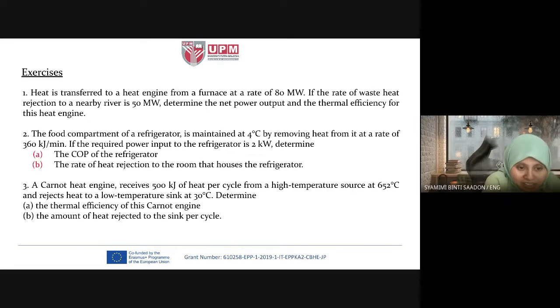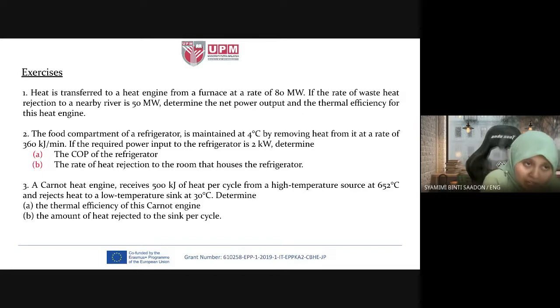A Carnot heat engine receives 500 kilojoule of heat per cycle from a high temperature source at 652 degrees Celsius and rejects heat to a low temperature sink at 30 degrees Celsius. Determine the thermal efficiency of this Carnot engine, and the amount of heat rejected to the sink per cycle.